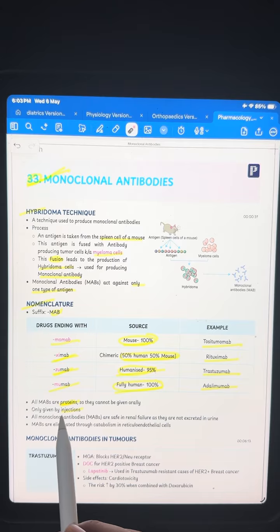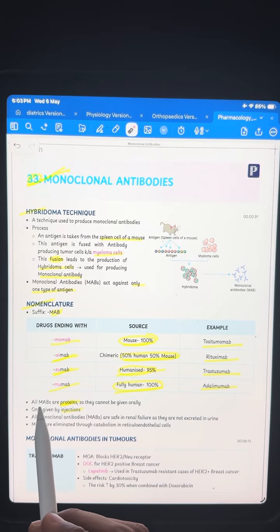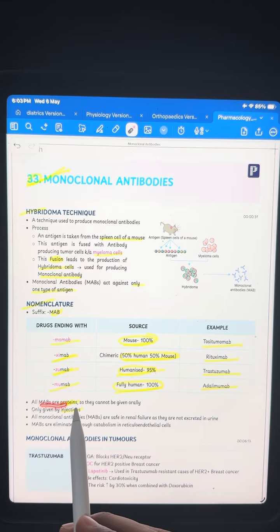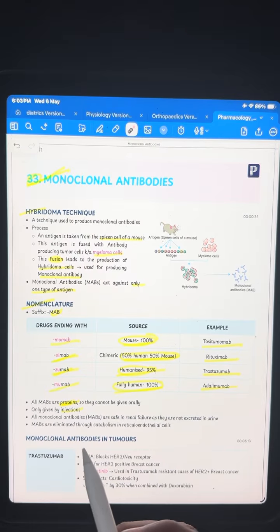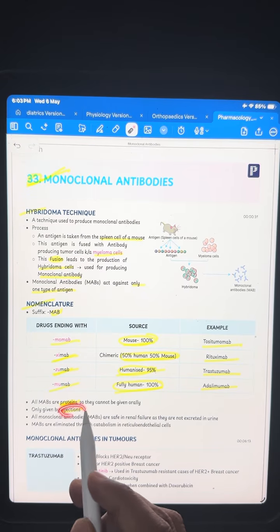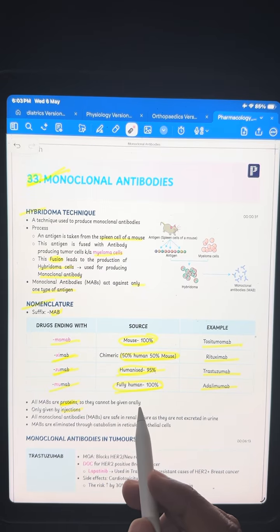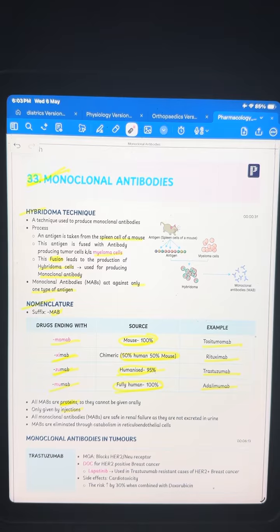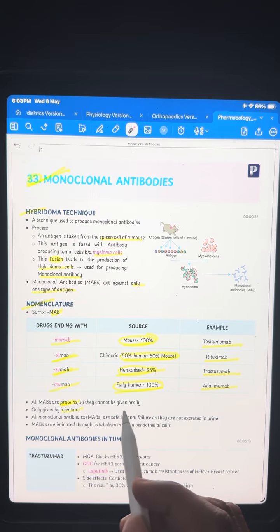And in this line, it is clearly said that all MABs are proteins, so they cannot be given orally, only taken by injections. You have never heard that someone is giving anti-cancer drugs like MAB orally.